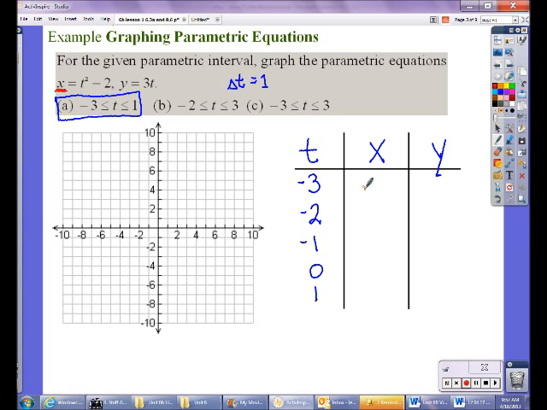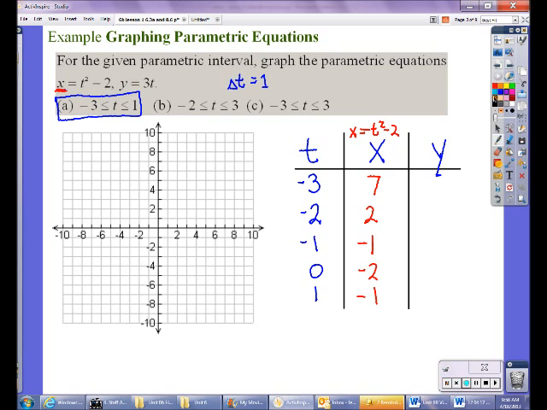So, t squared minus 2. -3 squared is 9, minus 2 is 7. -2 squared is 4, minus 2 is 2, etc. When I plug in -1, I get -1. When I plug in 0, I get -2, and then -1 again. All of these, I just plug into x equals t squared minus 2.